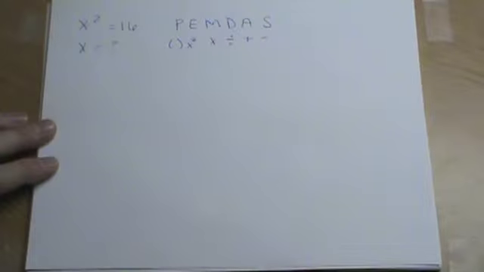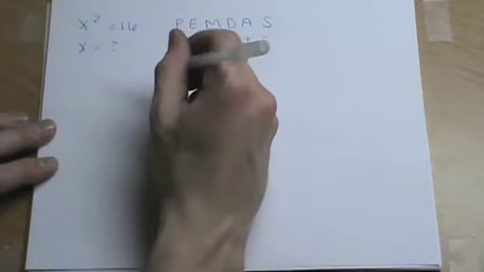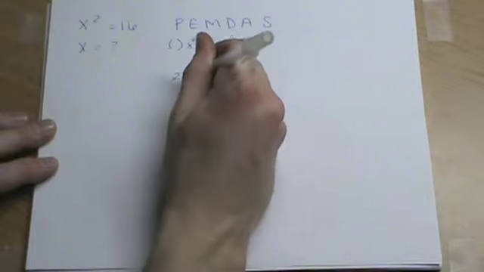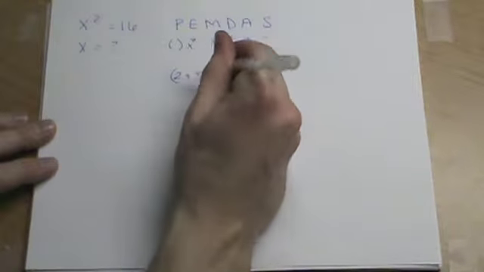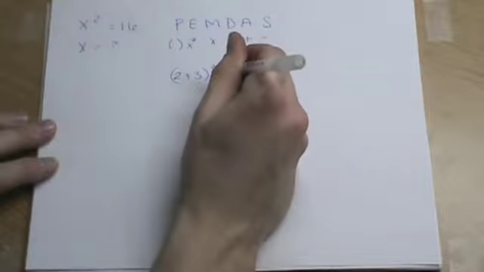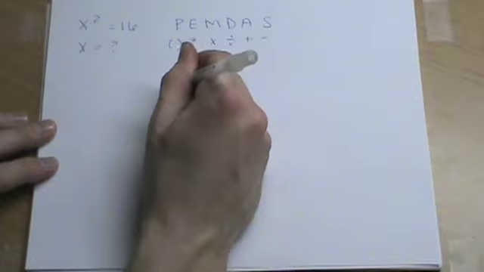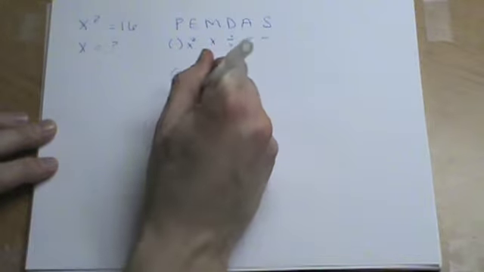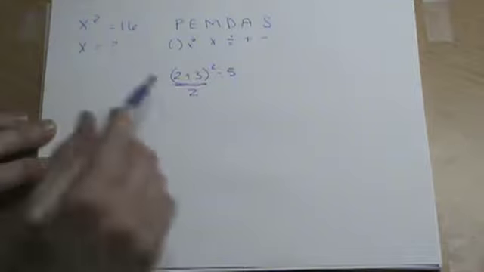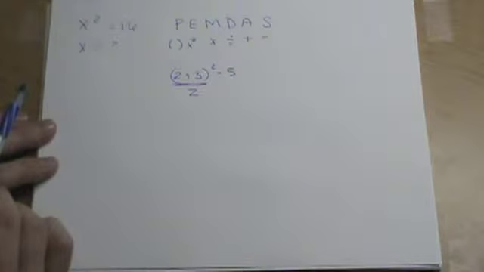So for example, let's say you have something like this: 2 plus 3, squared, minus 5, and this part right here is divided by 2. So we're looking at this equation. What PEMDAS tells us is to first do what's in the parentheses.